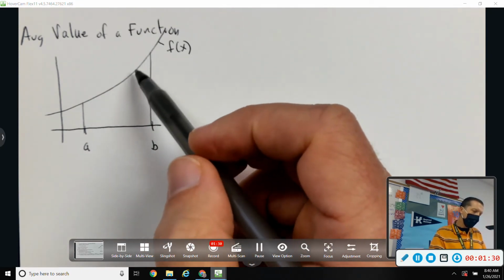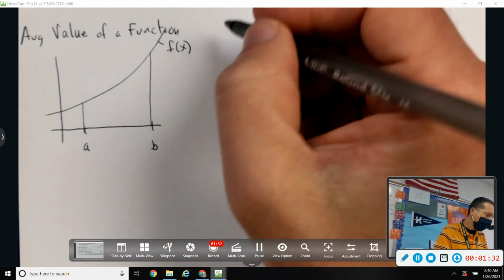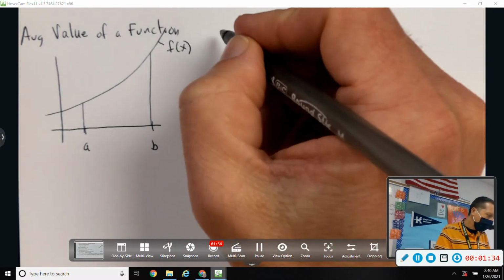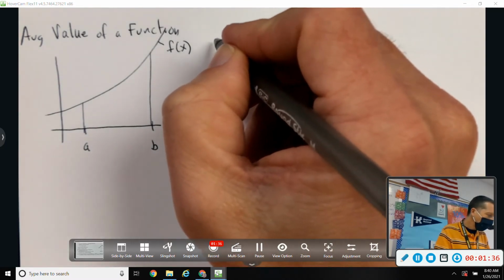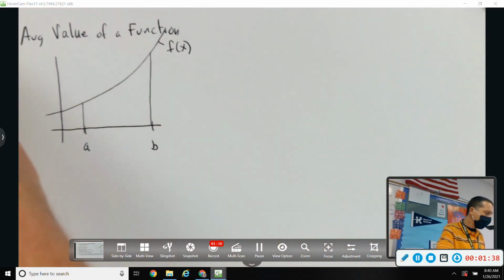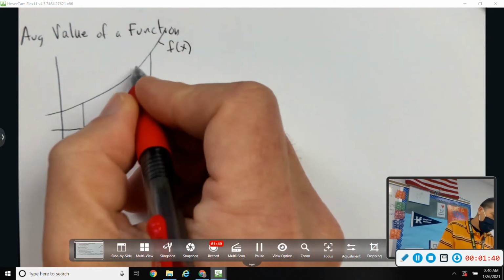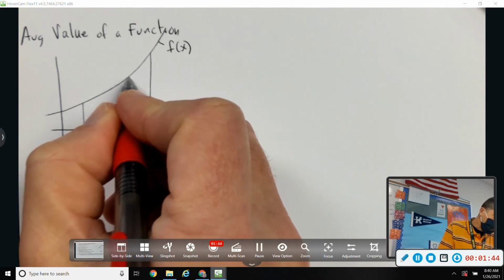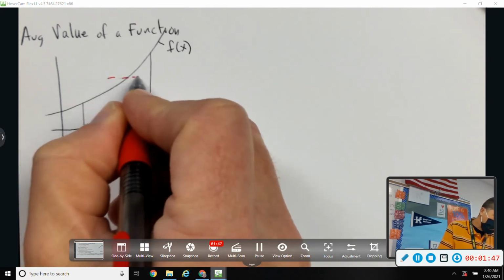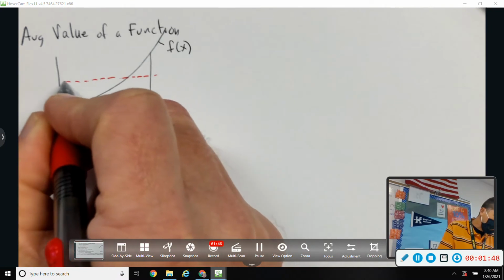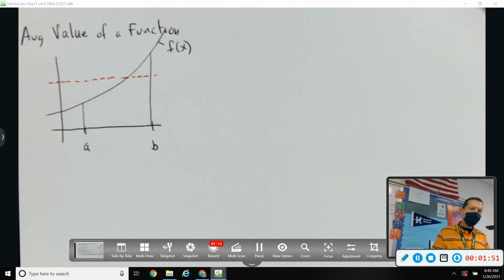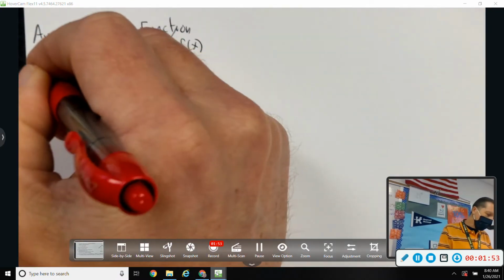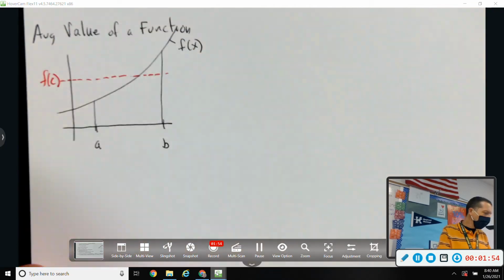So let's back up and do this a little bit different way. Let's kind of guess first. I'm going to say the average value is, just eyeballing it, maybe right there. Just going to say that's my average value.